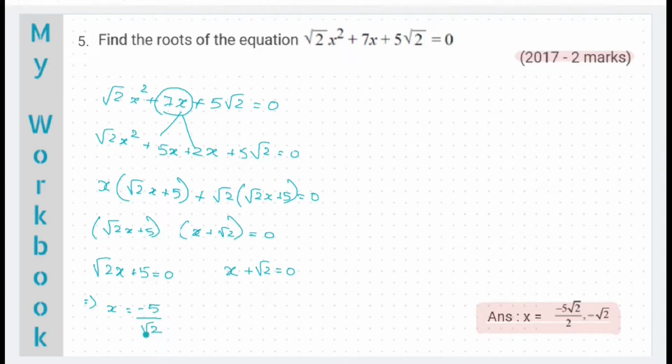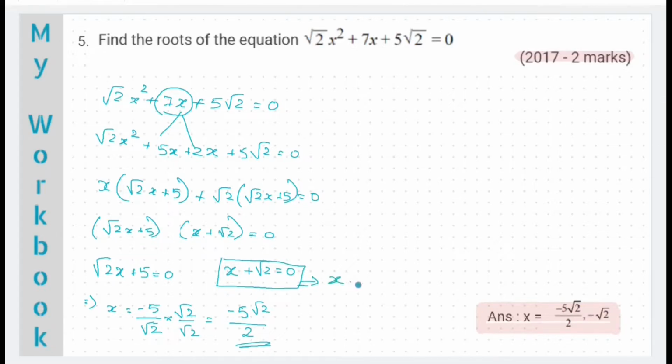Normally, we do not leave the denominator as the square root of any number, so we will rationalize it. We will get it as minus 5 root 2 divided by 2. So this is one of the roots. The other root is from this part.